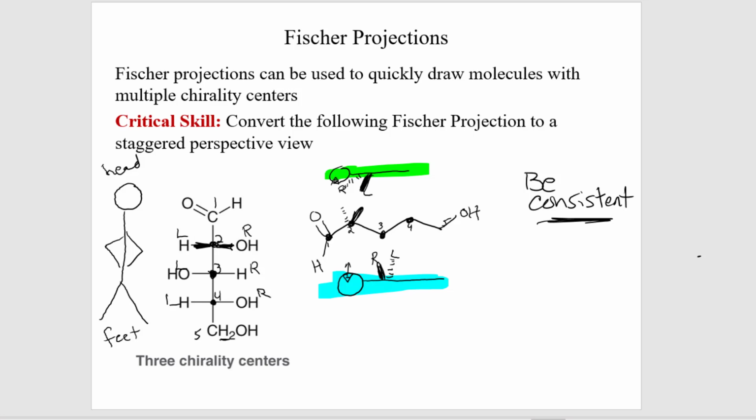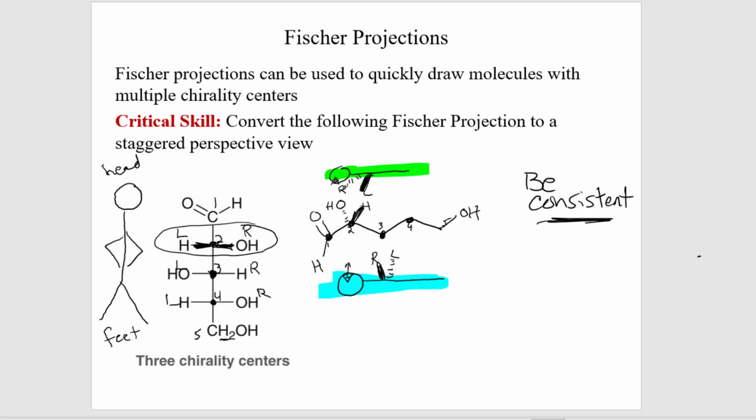I have to keep alternating between Superman and Aquaman as I assign going down my chain. So for carbon-2, on the right is the OH. So that means my right arm would be touching the OH. My left arm would be touching the hydrogen.